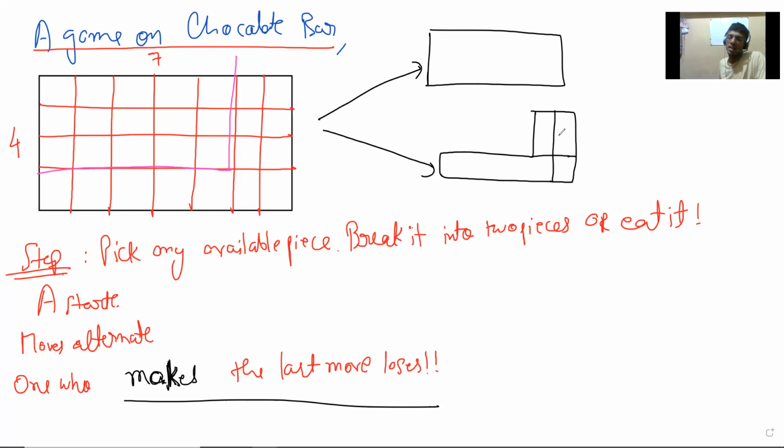At least one means, to be more particular, he has to leave an odd number of pieces for B. So what A will try to do is, at each step after his move is made, he would want to make sure that there are an odd number of pieces on the table.